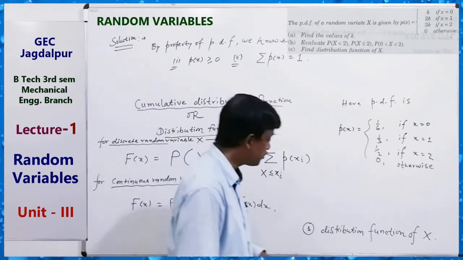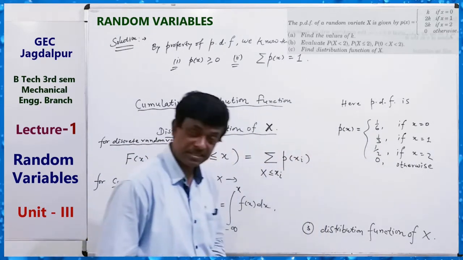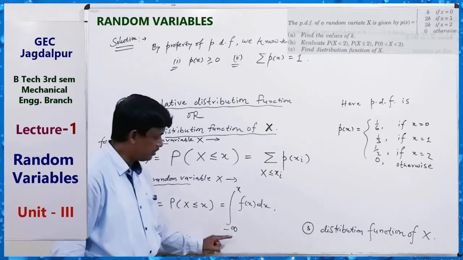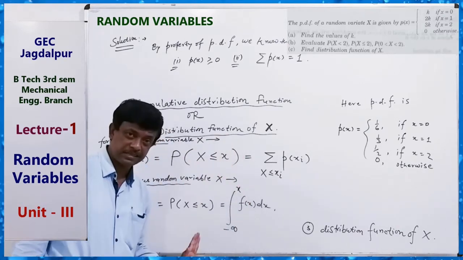Why minus infinity to x? Because minus infinity to x means less than or equal to x.